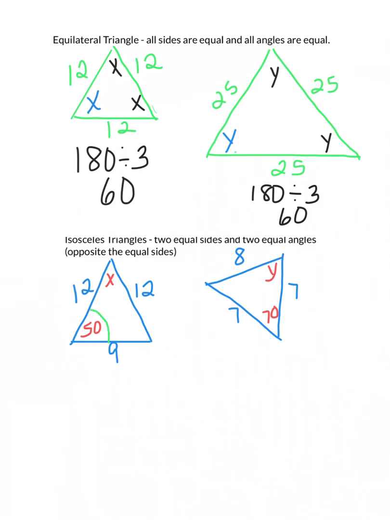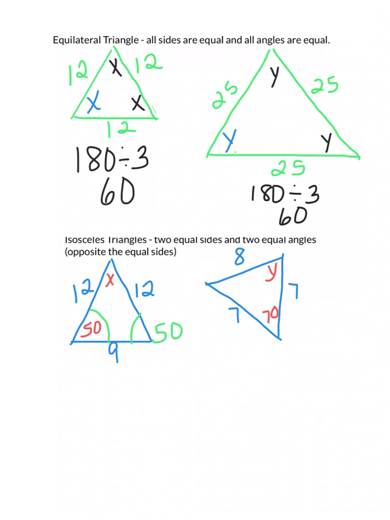That means this angle, which is opposite of 12, and this angle are going to be equal. Which means if this is 50, this also has to be 50. So I'm going to fill that in here. Now I know that this is going to be 50.